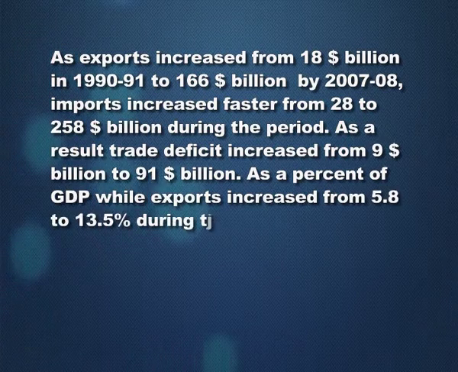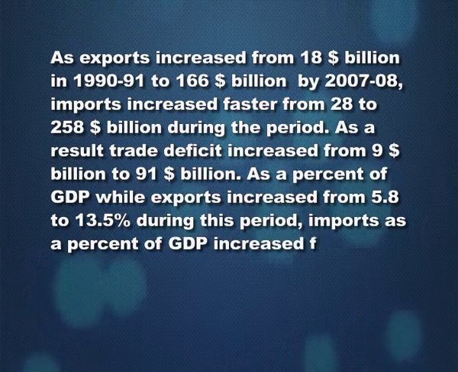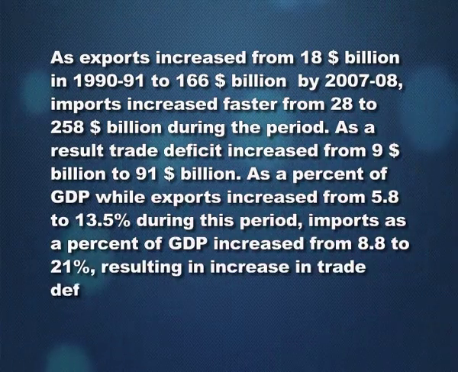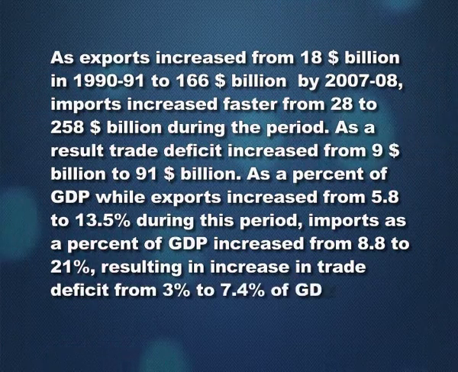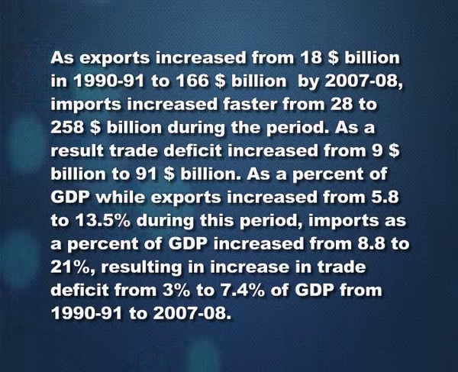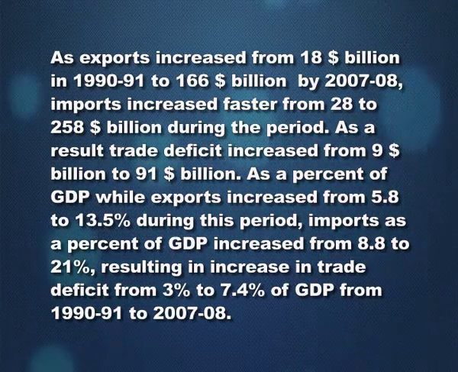As a percentage of GDP, while exports increased from 5.8 to 13.5 during this period, imports as a percentage of GDP increased from 8.8 to 21%, resulting in increase in trade deficit from 3% to 7.4% of GDP from 1991 to 2007-8.